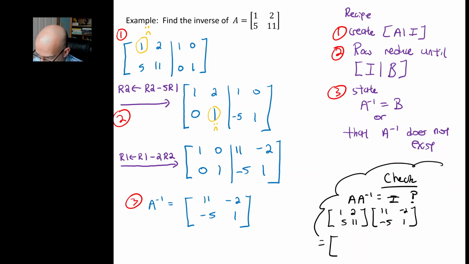So I got 1, 2, so 11 minus 10, I get 1. 1, 2, I get 0. 5, so 55 minus 55, 0. And then negative 10 plus 11, I get 1. So it worked. It's the inverse. We did it. We found it. We have confidence that all the row operations were done correctly.